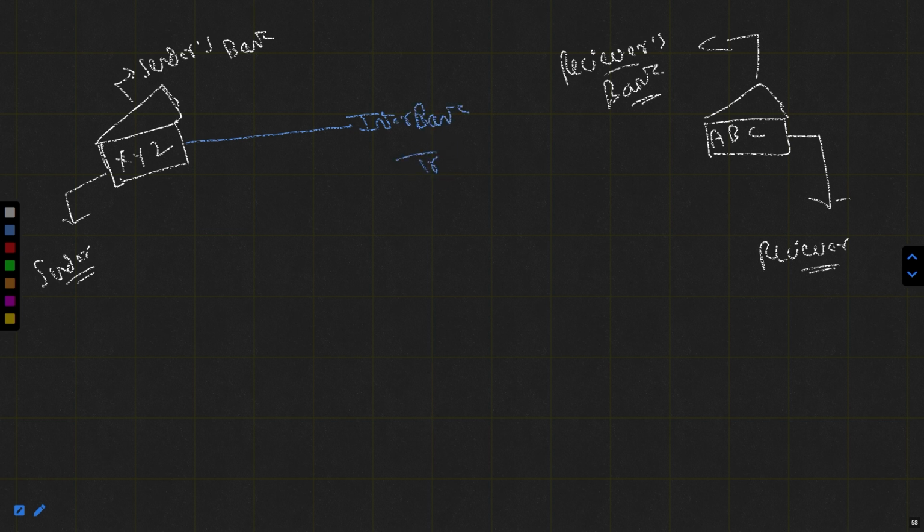Here comes the interbank transaction. Oh, sorry, it's known as interbank communication.